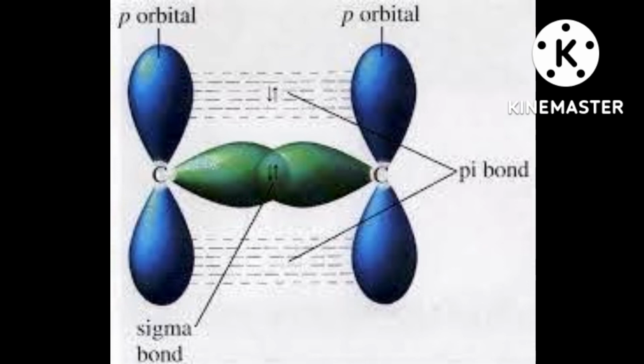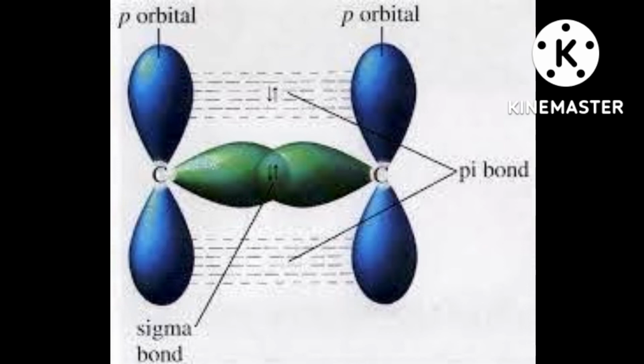And I told you about zero overlap, and here again you can understand negative overlap. Negative overlap means they will not be in the same direction, but in the opposite direction. A dumbbell is there, then where electrons are there, two p orbitals will be there.